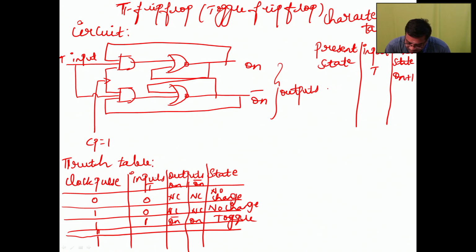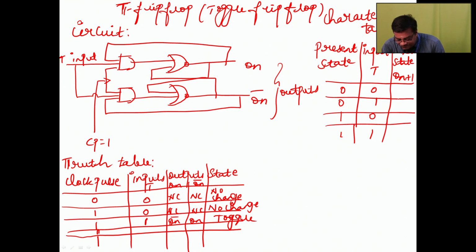Present state Qn, input T. So 0 0 0 1 1 0 1 1. So 0 0, automatically no change, it is 0. With 1 we will get toggle, which is nothing but toggle.